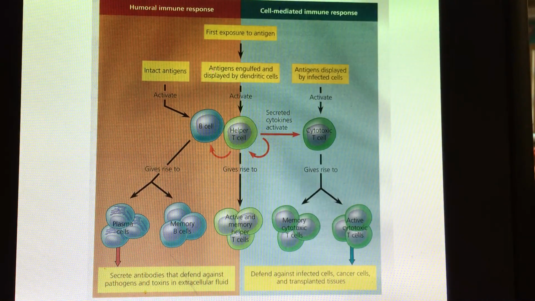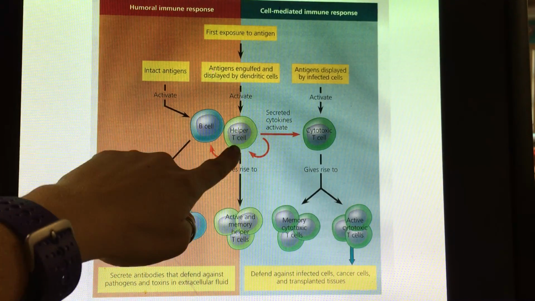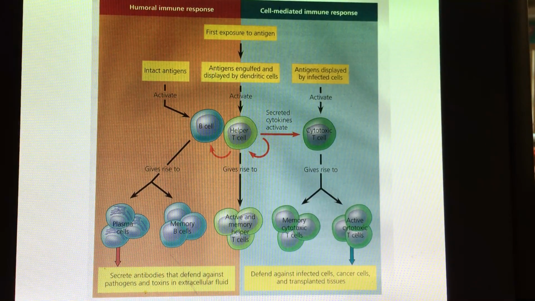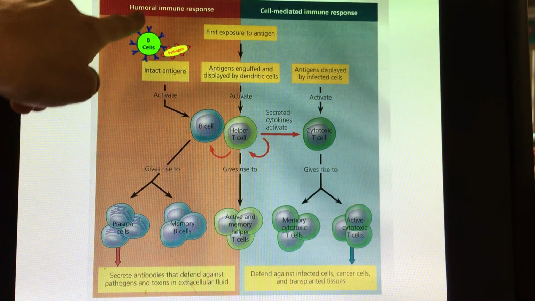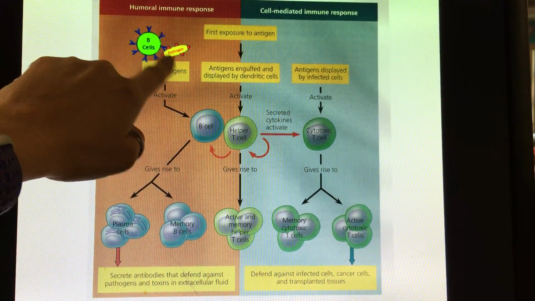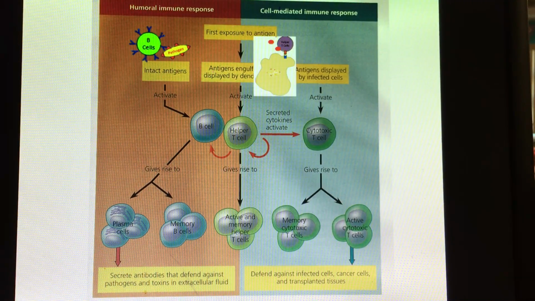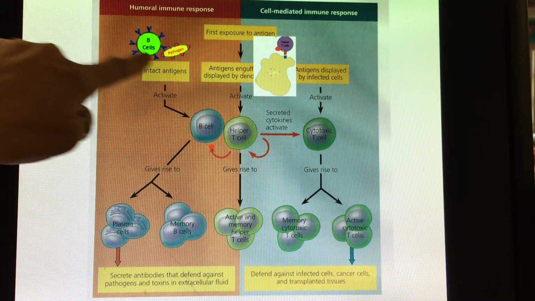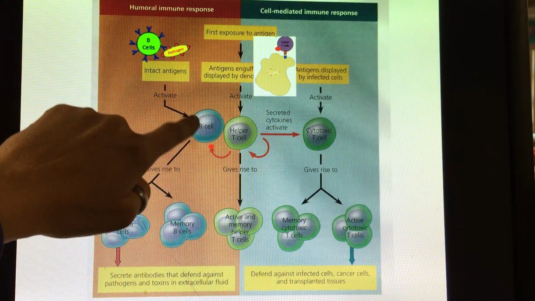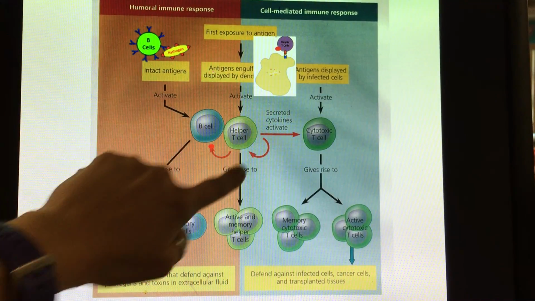So when we look at both the humoral and the cell-mediated responses, helper T cells are involved in both. Here you have your humoral response, which deals with B cells and identifying a B cell out of your 1 million that matches your pathogen. You also have your cell-mediated response. Helper T cells are going to be involved in activating both. Here, the B cell is activated by helper T cells.